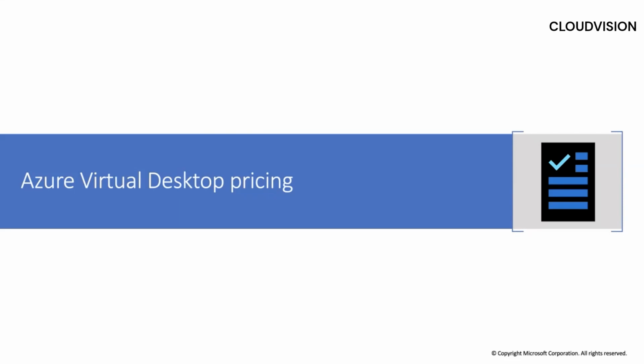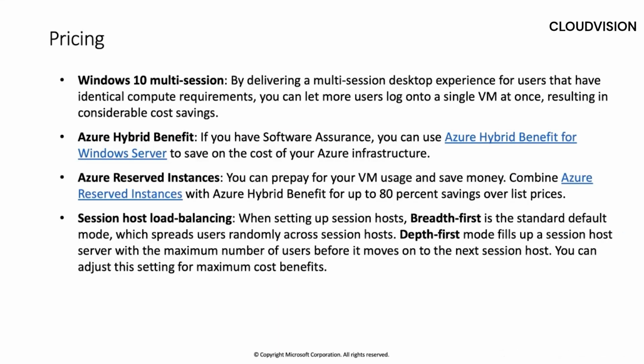Is that the only procedure? Is that the only way? Is that the only possibility? No. There are other possible ways in which you can bring down the cost. As I mentioned, Hybrid Benefit is one of them. Other than that, you can also opt for Windows 10 multi-session. How is this beneficial?